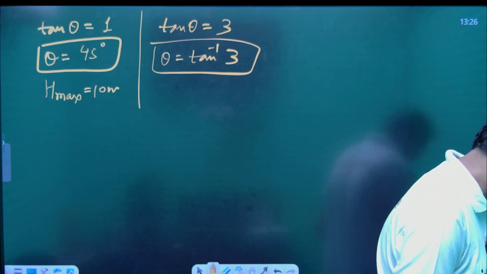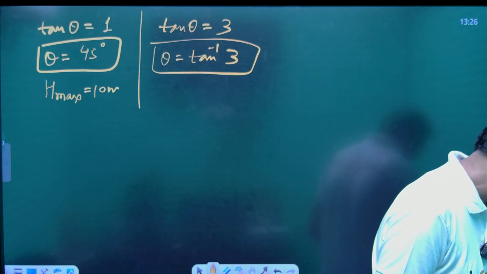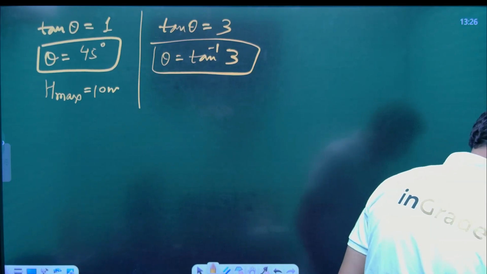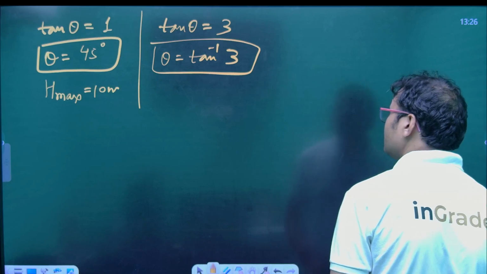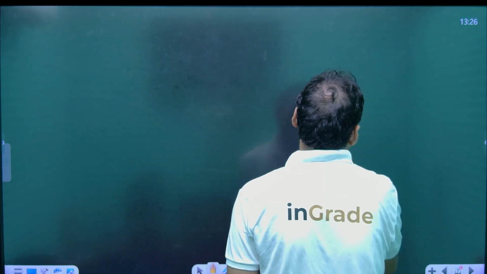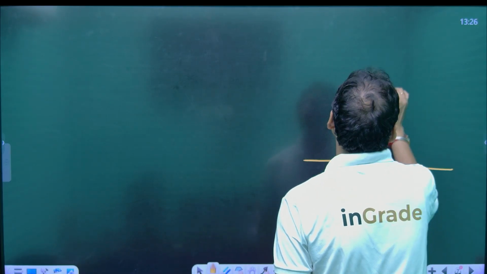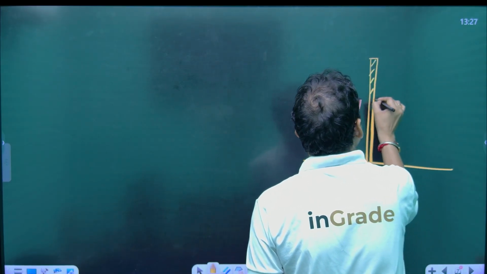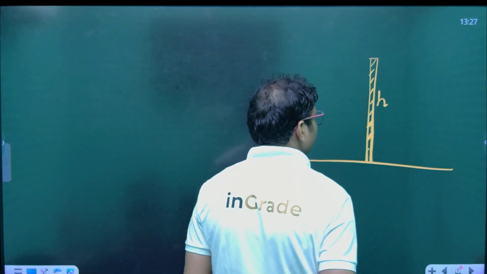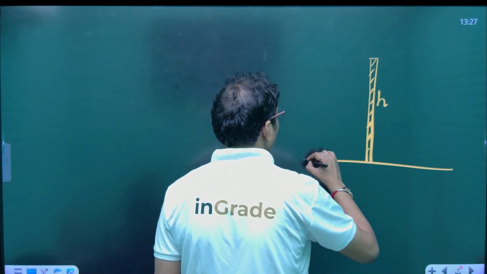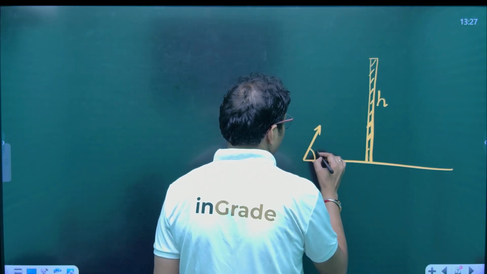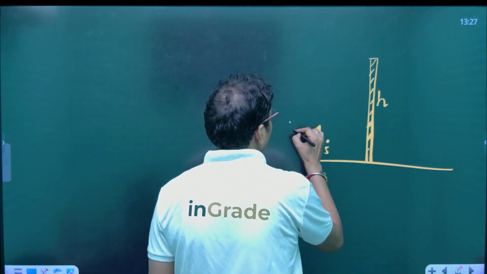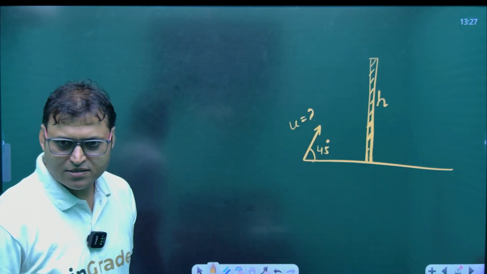Let us talk about another question. Next question is, let us say there is a wall of height h. The particle is thrown from here, making an angle 45 degree with some initial velocity u.